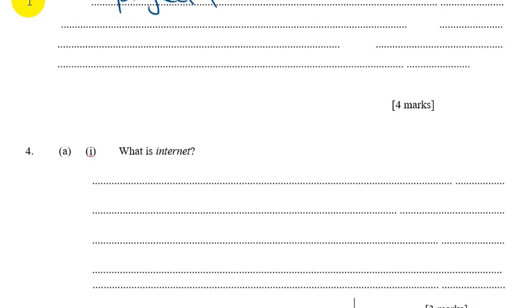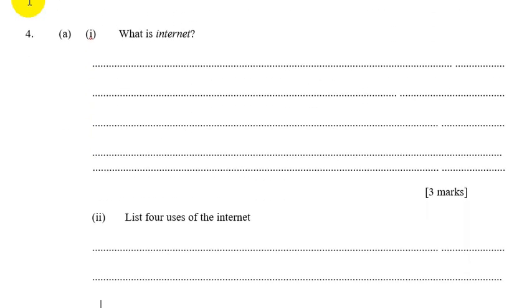And what is the internet? We can say that the internet is a worldwide system of interconnected computer networks. A very simple one like that. We can also say it's a global computer network linking smaller computer networks worldwide.